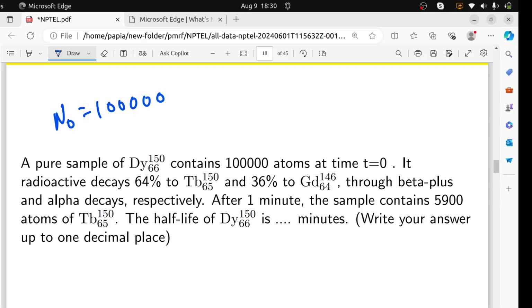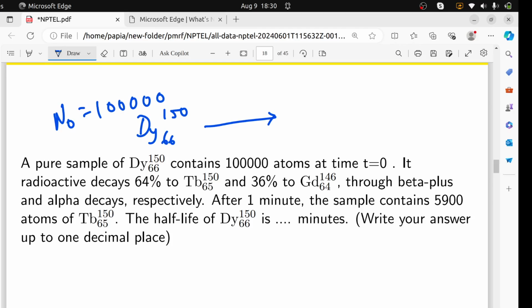Because at t equals to 0, they are saying a pure sample. That means Dy was the first one as a parent nucleus, and that will decay to another nucleus that we will see later. But in the first sentence, it is showing that N0 is 1 lakh for Dy 66150. So I am going to write here Dy 66150. That is the parent nucleus. Okay, and N0 is given.